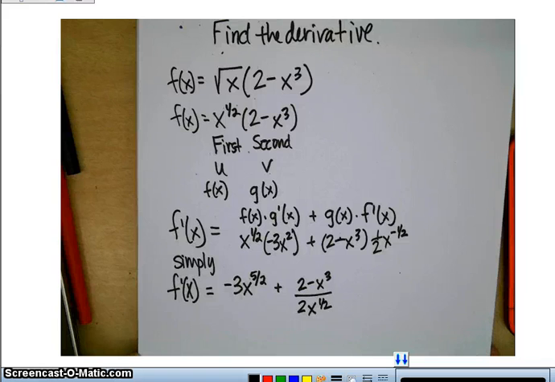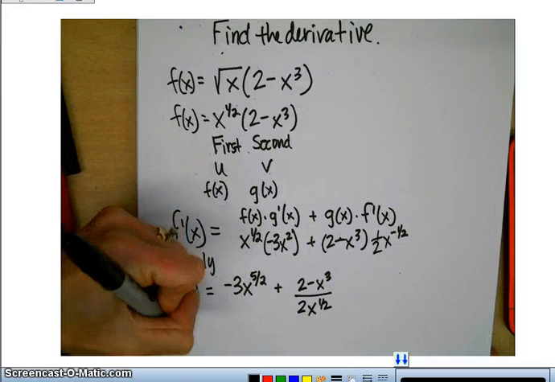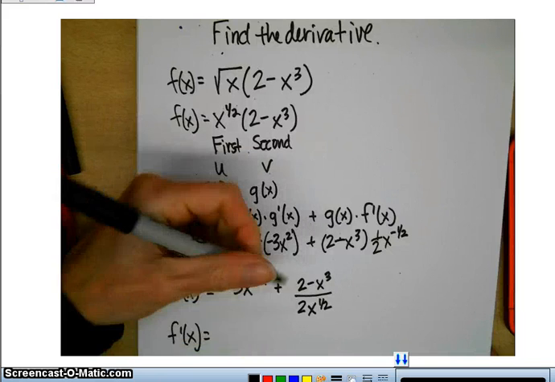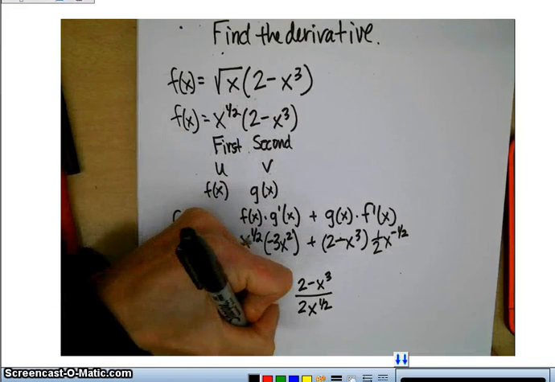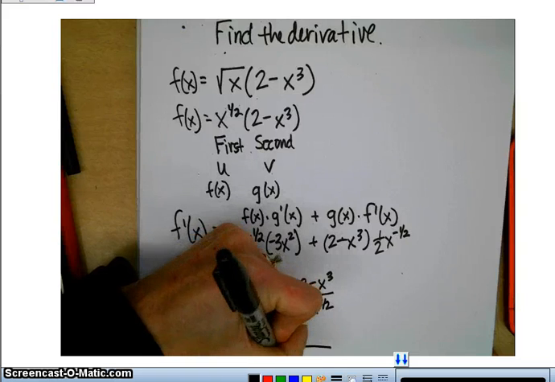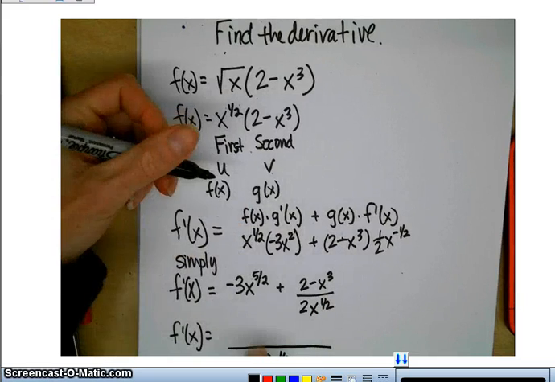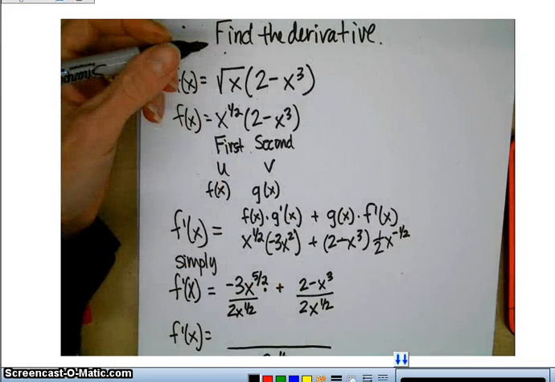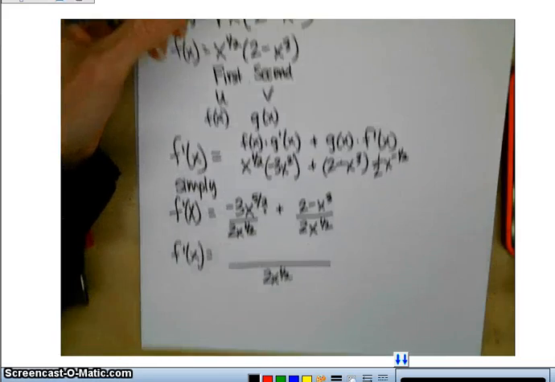Okay, so what would the common denominator be if I got one? Well, I have to get one. So 2x to the 1/2 is going to be the common denominator, so I'm going to write that under the whole thing. So in order to get a 2x to the 1/2 under here, what do I have to multiply the top by as well? 2x to the 1/2.